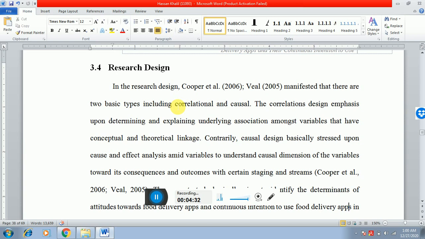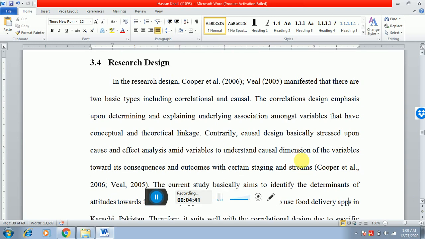So these kinds of researches in which you are going to experiment something are called experimental researches. And the correlation researches are those researches in which you are going to identify the relationship between two variables, such as if you are going to identify the relationship between satisfaction and loyalty. So these kinds of researches are called correlational research.